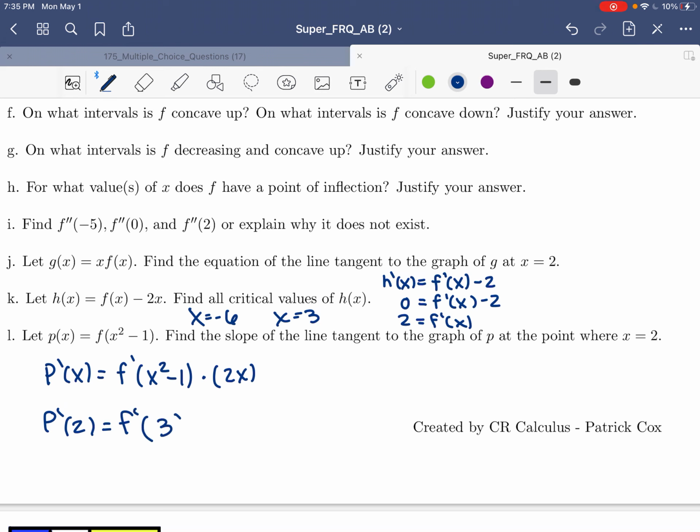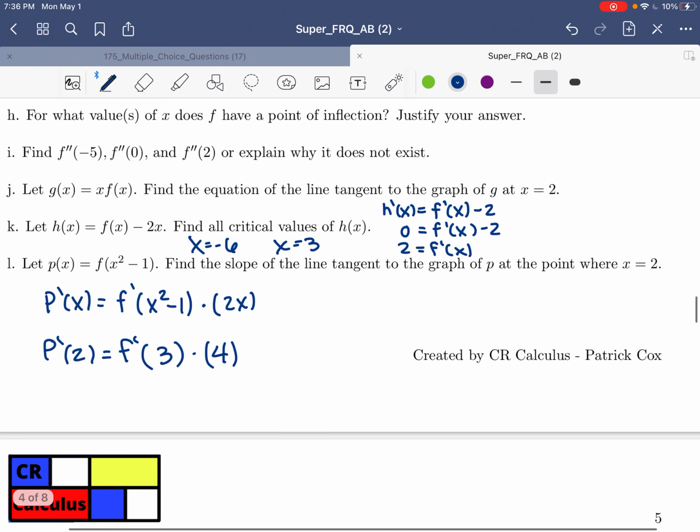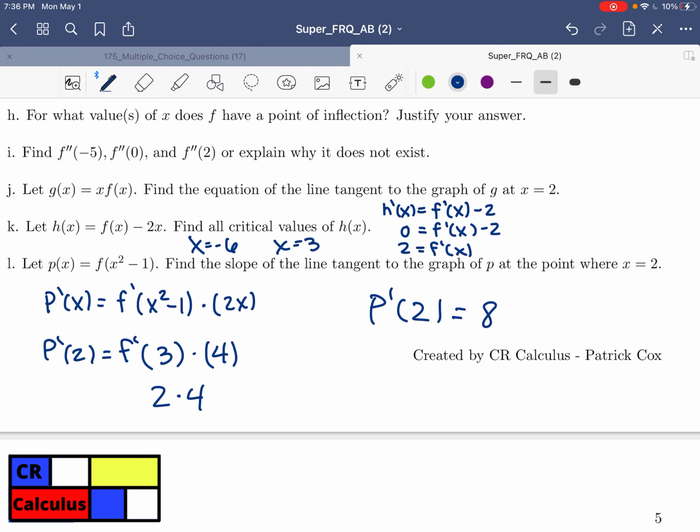So f prime of 2 squared minus 1 is f prime of 3, times 2 times 2, which is times 4. I know f prime of 3 is 2. So 2 times 4: P prime of 2 should equal 8.